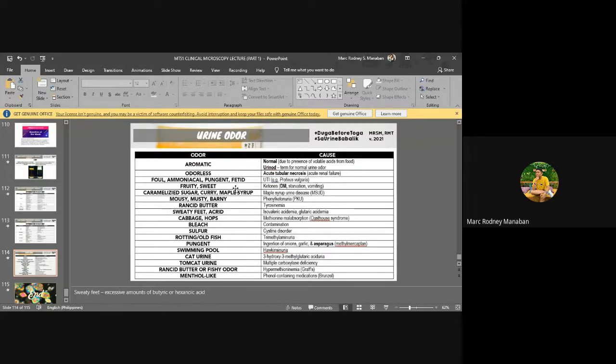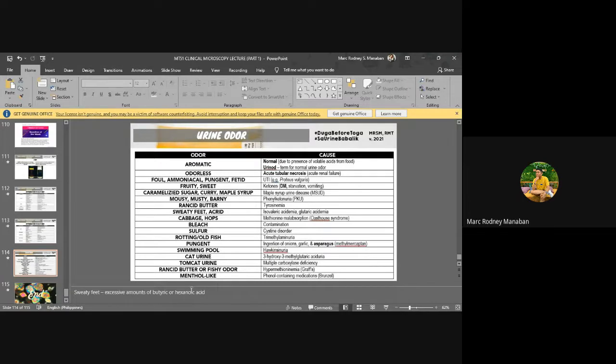Mousy, musty, Barney: this is phenylketonuria. Rancid butter, meaning butter that has gone bad and turned sour, is tyrosinemia. Sweaty feet, or acrid: isovaleric acidemia, glutaric acidemia, or patients with excessive amounts of butyric or hexanoic acid.